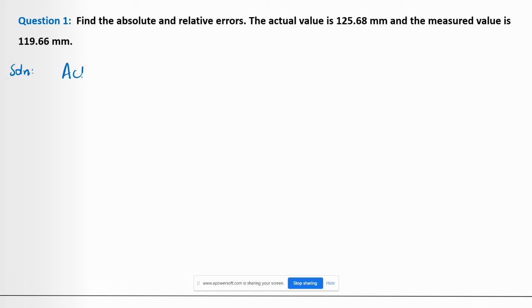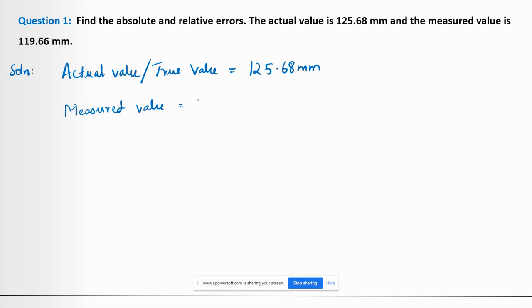It is given that the actual value, which can also be called the true value or real value, is 125.68 millimeters, and the measured value is given to be 119.66 millimeters.